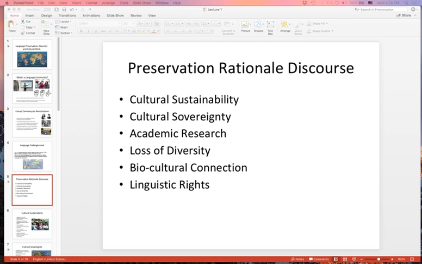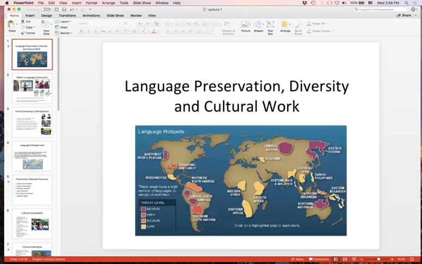We looked at a macro-level viewpoint, recognizing that language was quite diverse throughout the world if you went back just a couple hundred years, and that a variety of processes have contributed to a dramatic loss in that language diversity and an increase in endangerment.